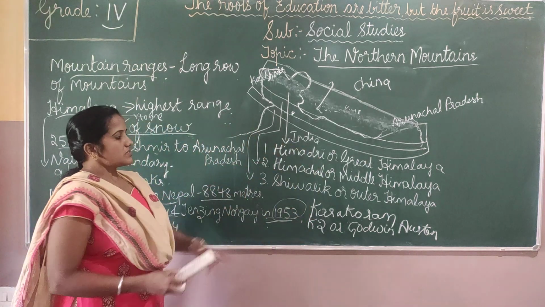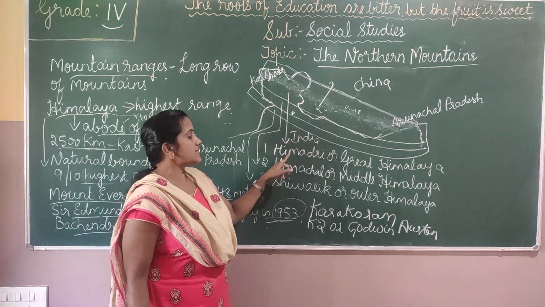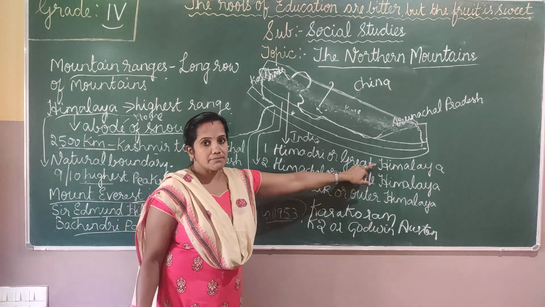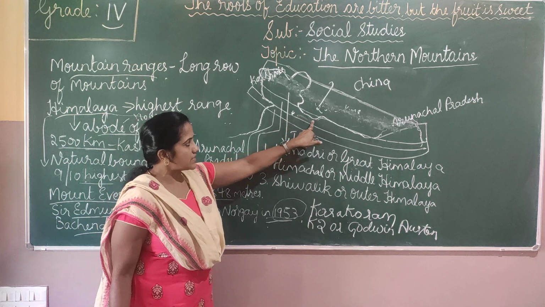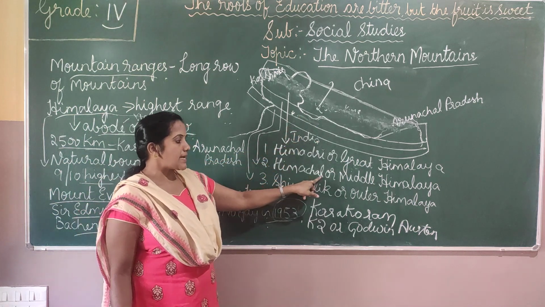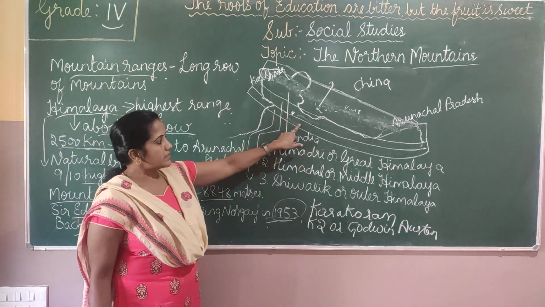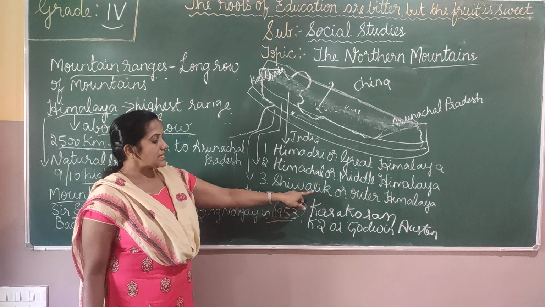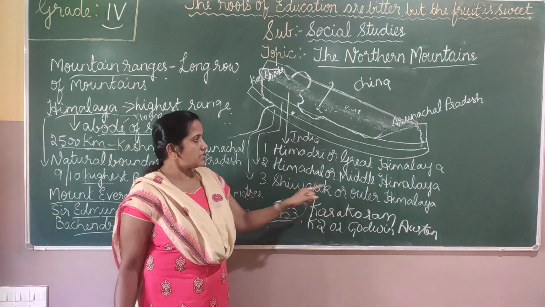The first parallel range is called Himadri, and the third is Shivalik or Outer Himalaya.